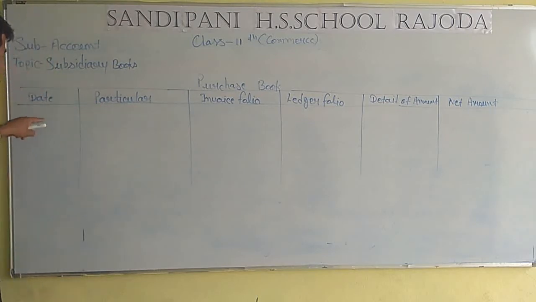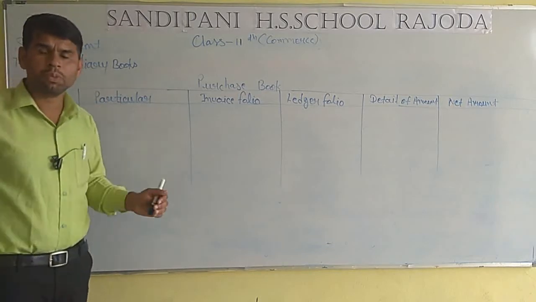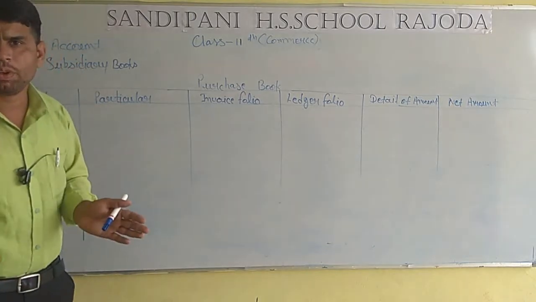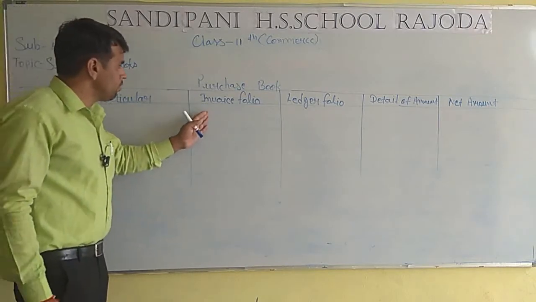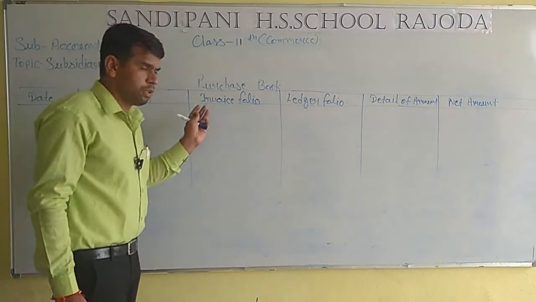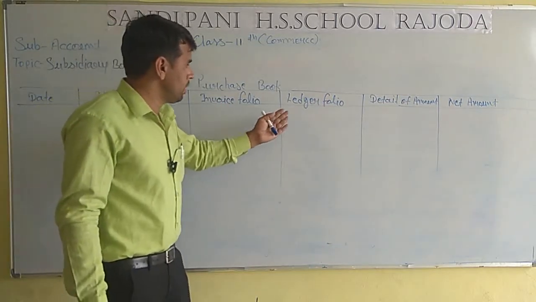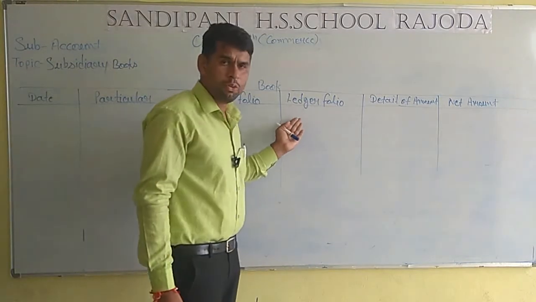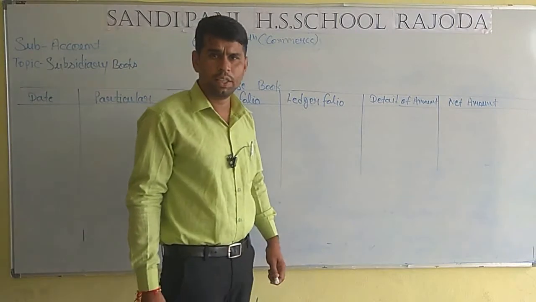So first of all we will write the date in the date column, then the particular column. In the particular column we have to write the detail of the transaction. Then we will make invoice folio, meaning we write the invoice number in this column. Then ledger folio, meaning we write the ledger number in this column.